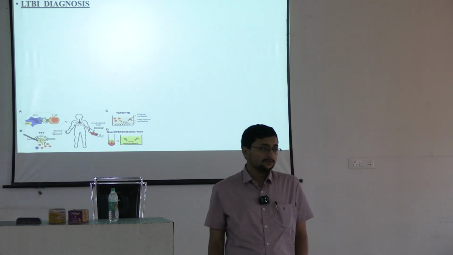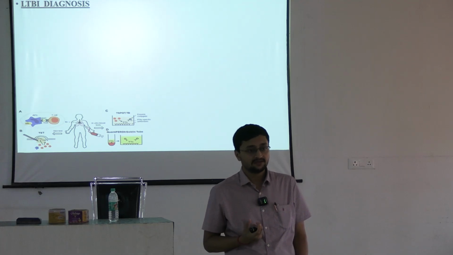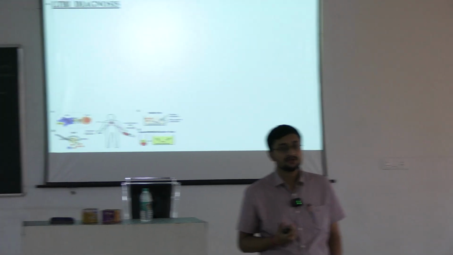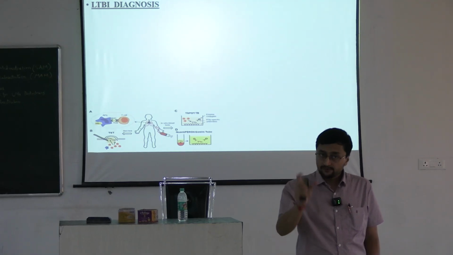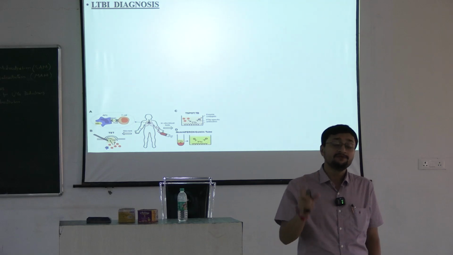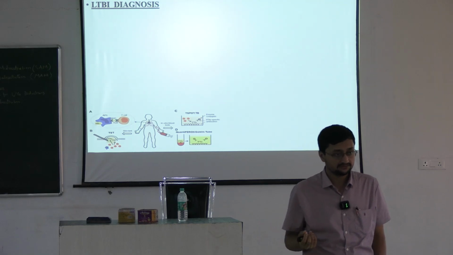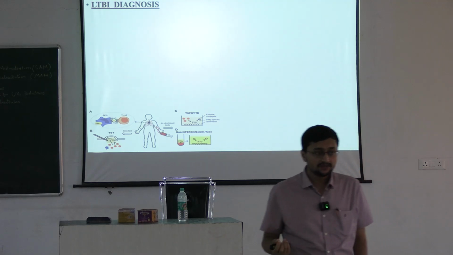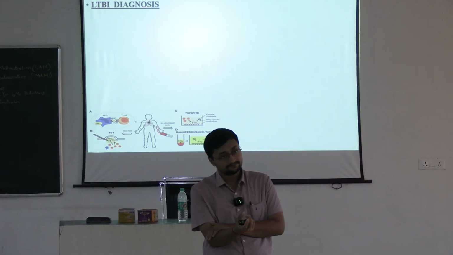So what is the method of doing a MANTU test? Any idea? 2 tuberculin units of PPD, purified protein derivative, has to be inserted intradermally at the flexor surface of the forearm.